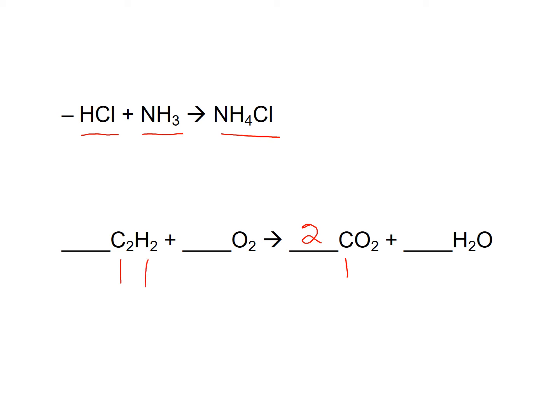I see 2 hydrogens here, and there are 2 here, so the hydrogens are balanced as they are. Now, how about the oxygens? I see 1 oxygen there and 2 there. There are 3 oxygens on this side, but the only thing I have to work with are O2 molecules, and it's problematic that I have an odd number of oxygens on the right-hand side.